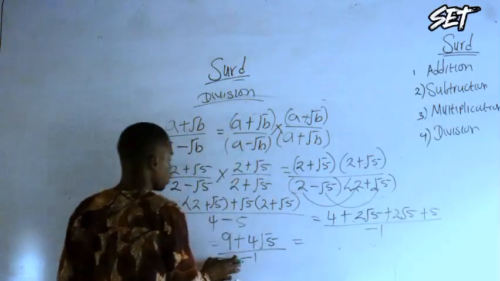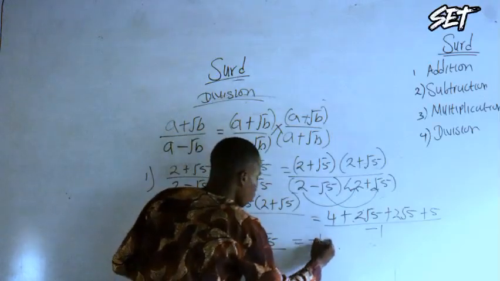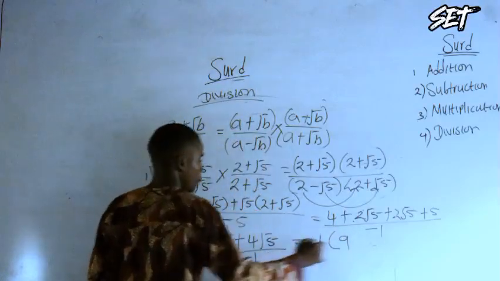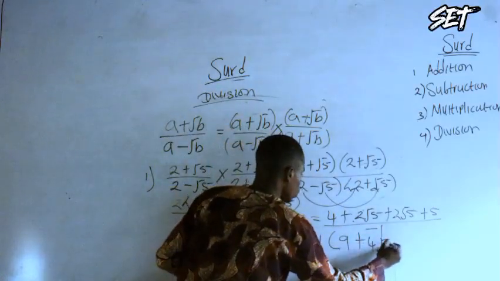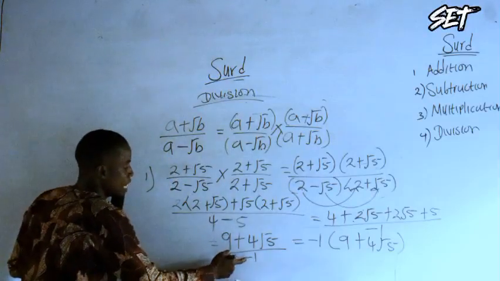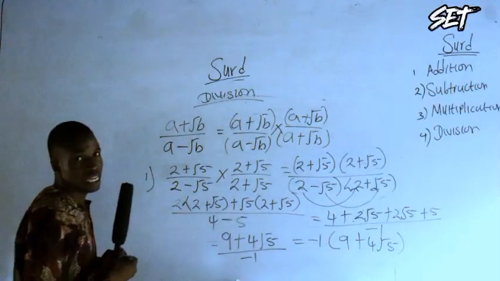Now, the final answer will be minus 1 bracket 9 plus 4 root 5. That's the answer. Because you have minus here, you bring it outside and it will be the answer.